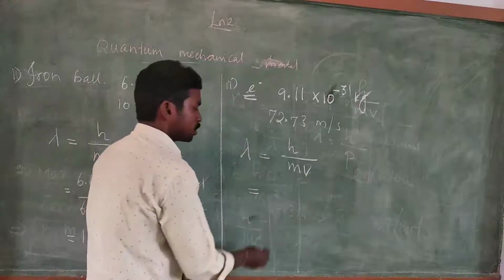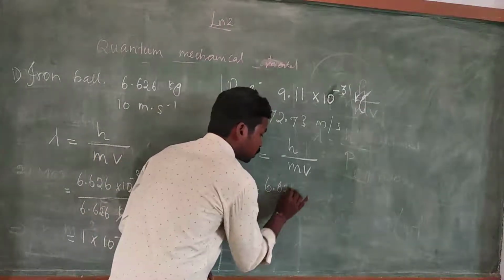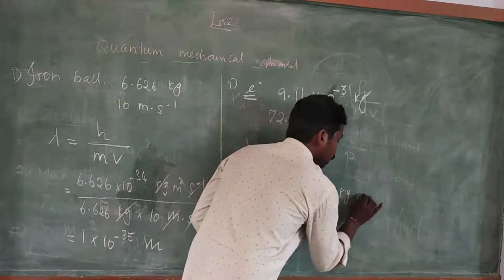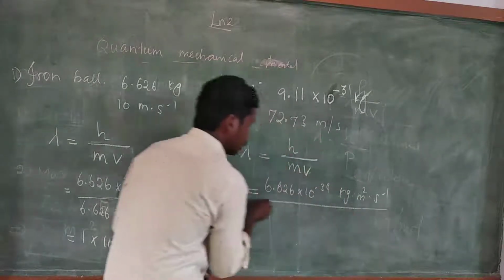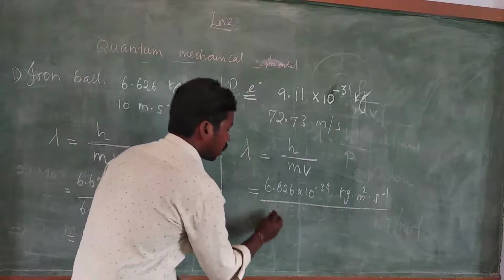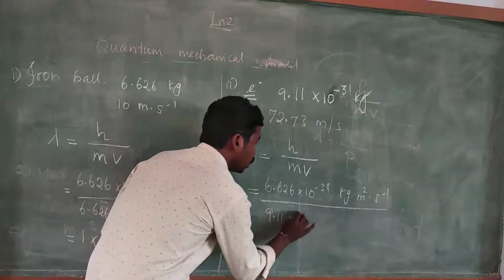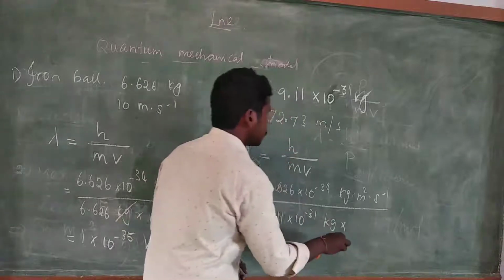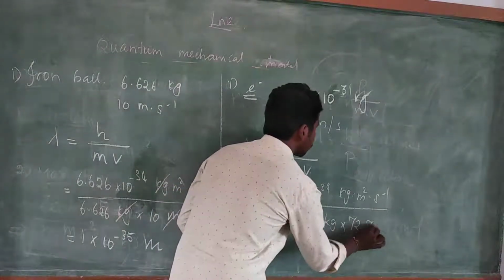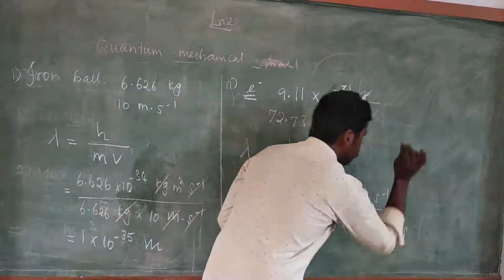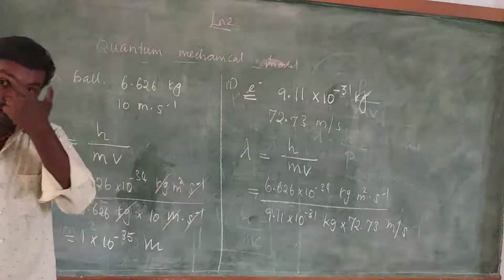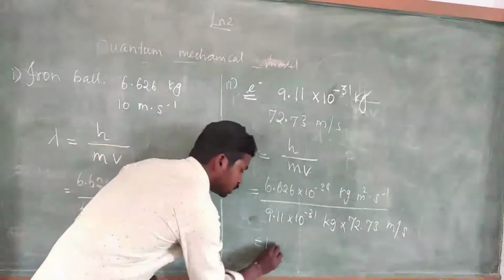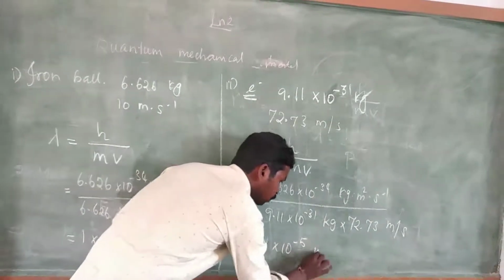H is the Planck's constant, 6.626 into 10 to the power minus 34 kilogram meter square per second, divided by the mass of the electron, 9.11 into 10 to the power minus 31 kilogram, into velocity 72.73 meter per second. By cancelling all these terms, the value will be equal to 1 into 10 to the power minus 5 meter.